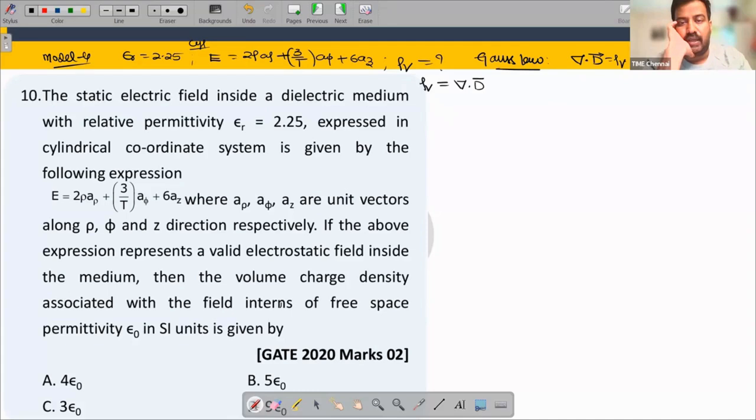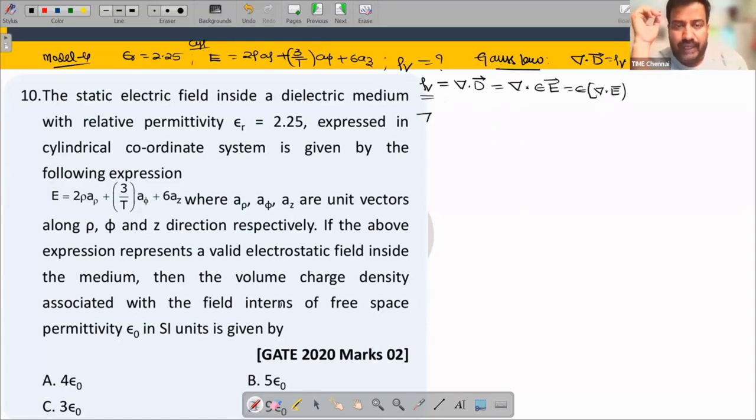Rho v is equal to del dot D. I should find del dot D, but del dot D is del dot epsilon E, which is epsilon times del dot E. So if I find del dot E and substitute here, I will get rho v, which is the ultimate thing I should do.